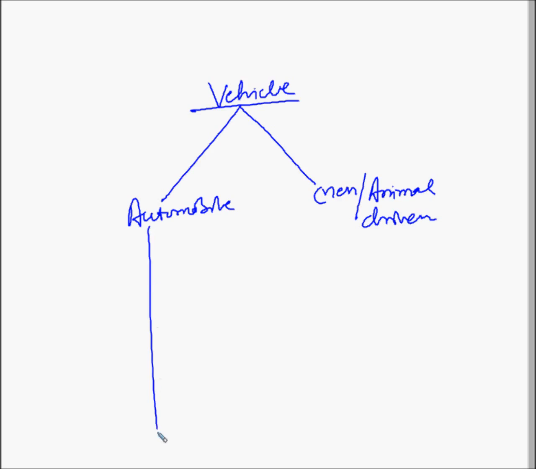Now let us expand this hierarchy. Here we are having some classes like, consider, car, bus, truck. Okay, let us say I have a bike.